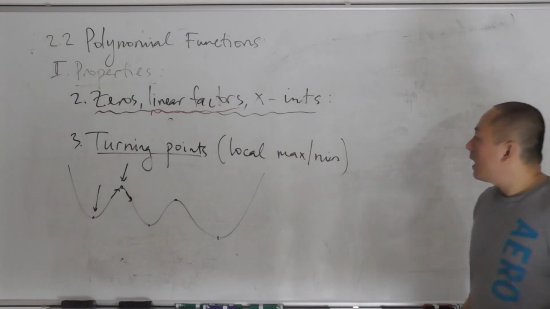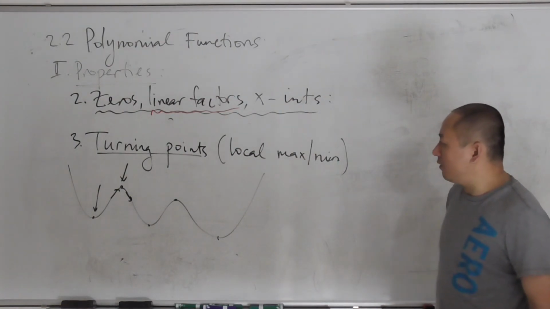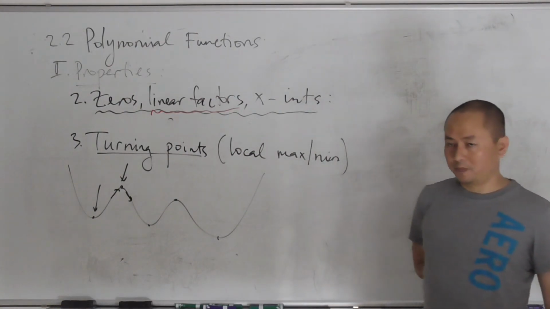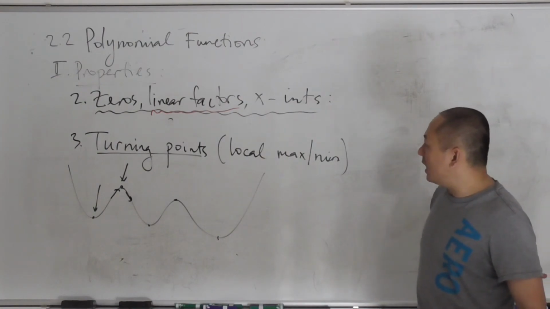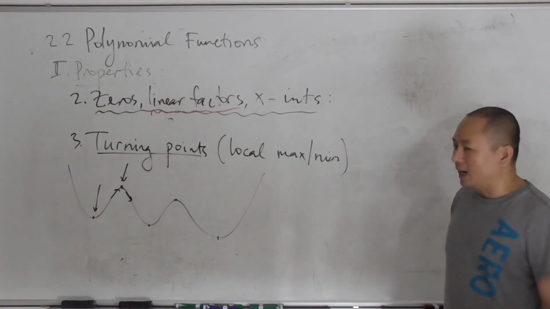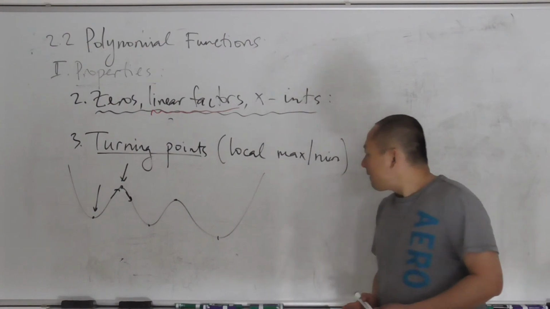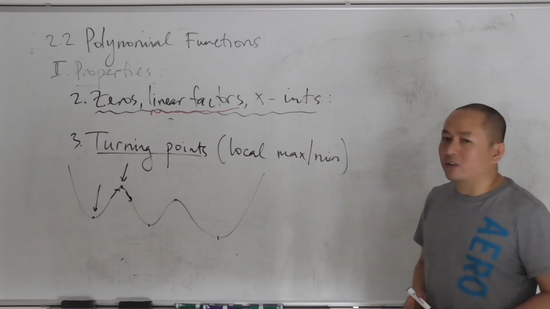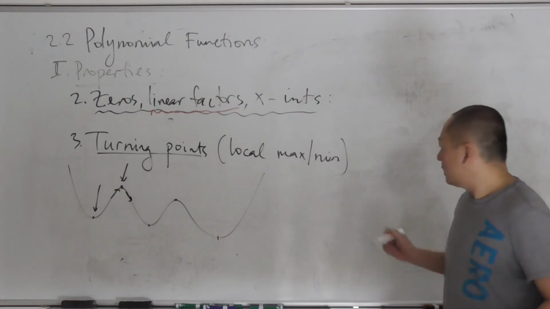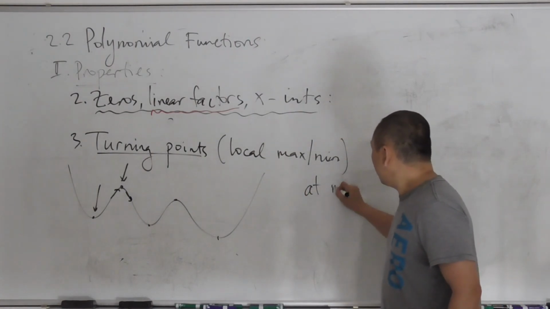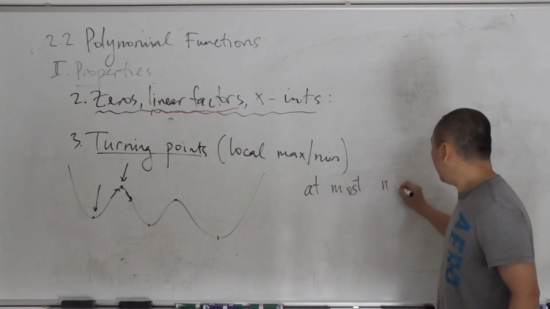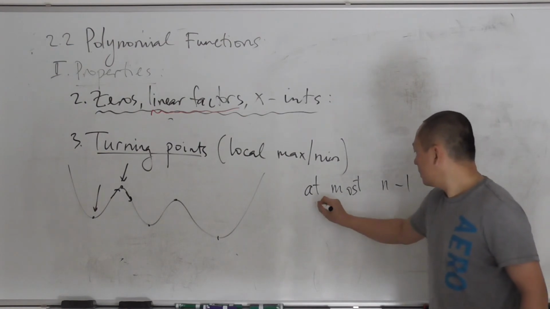Next question. How many turning points may you have in a polynomial function? Well, the answer depends on the degree. And I claim that a polynomial function of degree n will have at most n minus 1 turning points.